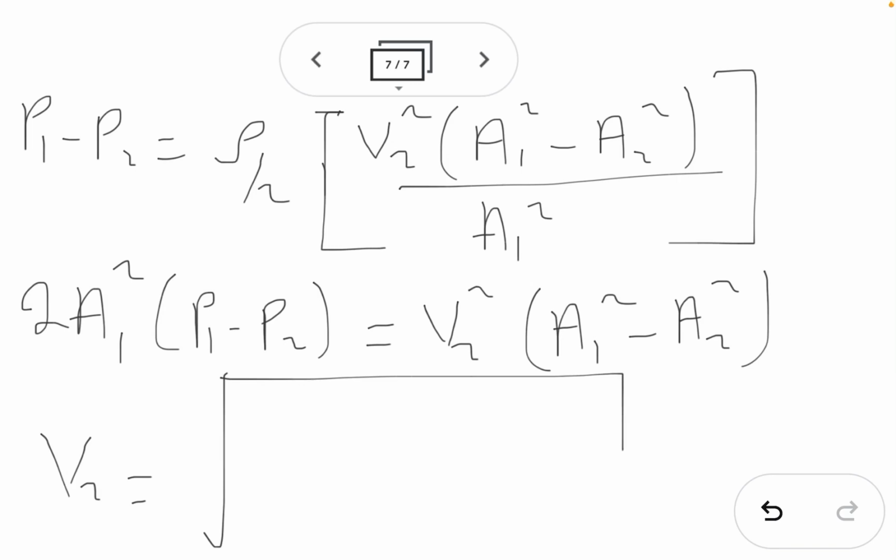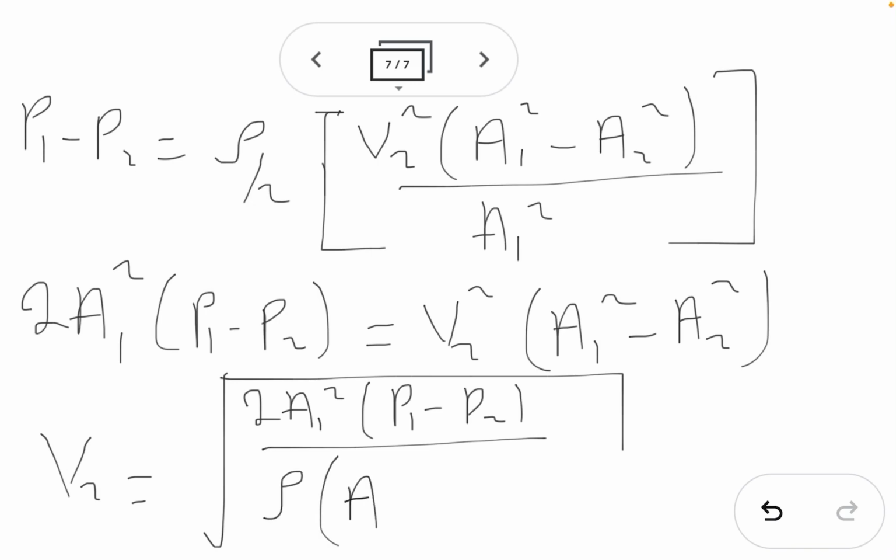V2 will be the square root of 2 A1 squared multiplied by P1 minus P2 over rho multiplied by A1 squared minus A2 squared.